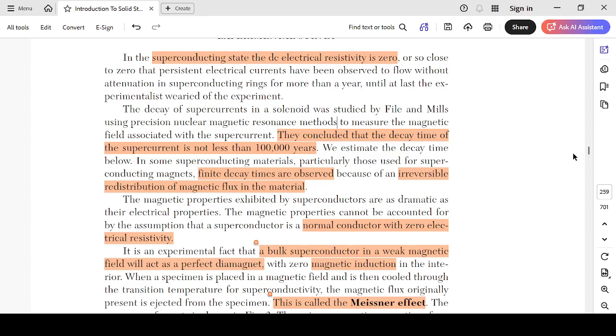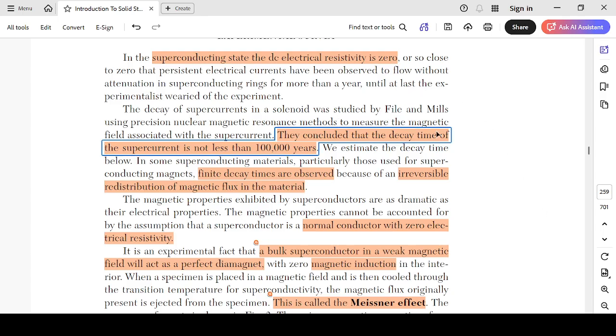After their experiment, they concluded that the decay time of the supercurrent is not less than 100,000 years.